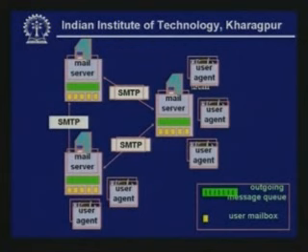So this is just a diagram. We have, let us say, these user agents which are connected to mail servers. The mail server maintains an outgoing message queue. Any of these user agents may keep on sending mail, and they will be there in the outgoing message queue.